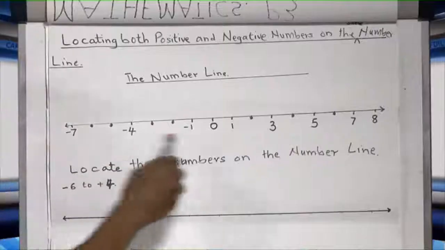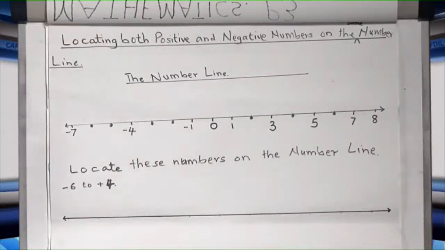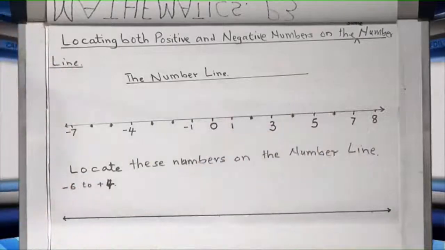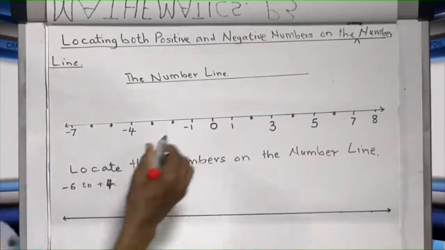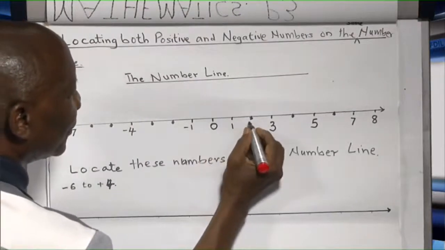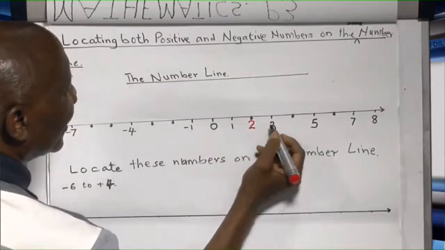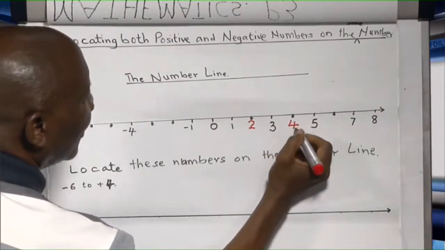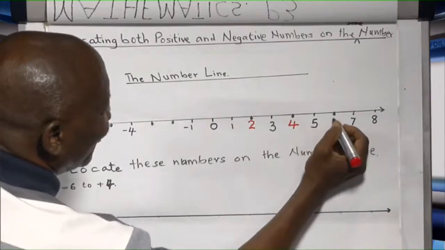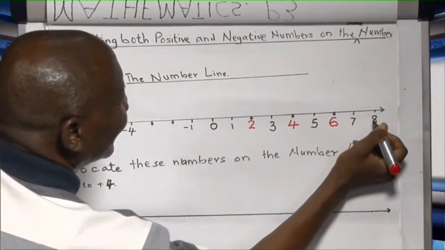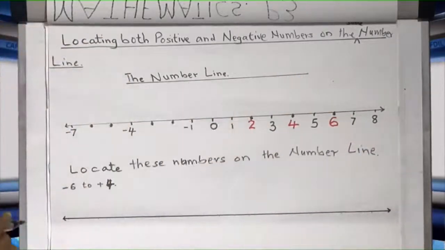Now we have drawn the number line. This is 0. We are moving to the right, so that will be positive. So from 0, move 1. This will be 2, 3. This will be 4, 5. This will be 6, 7, and then 8. So the highest positive number is 8.